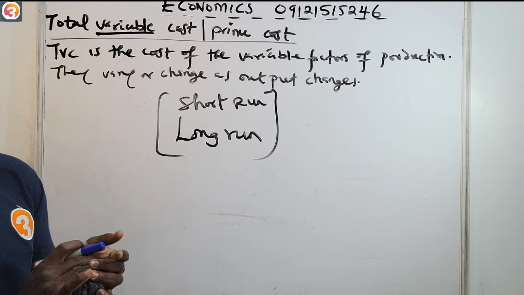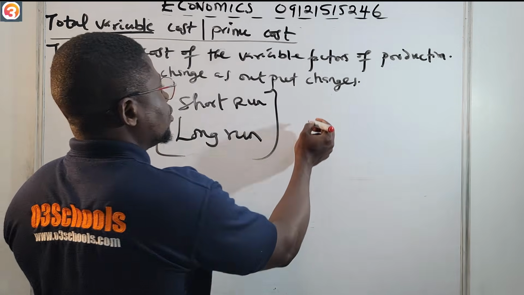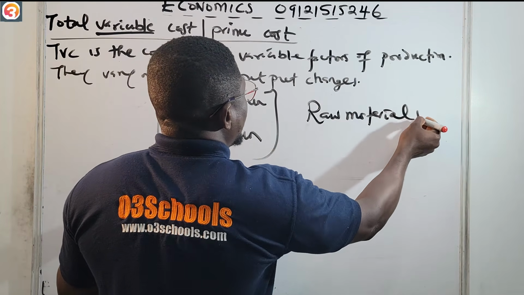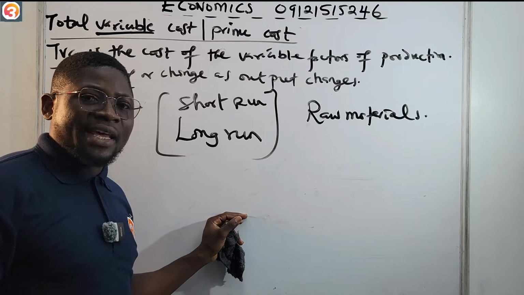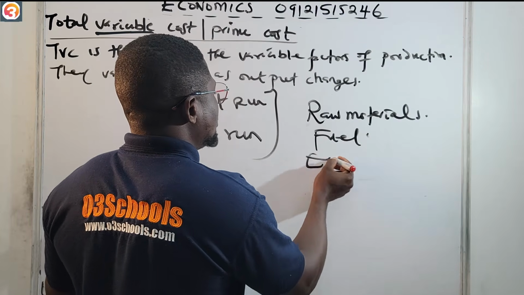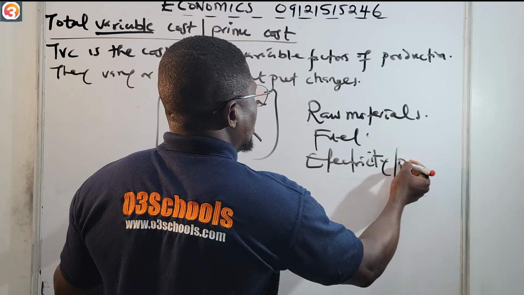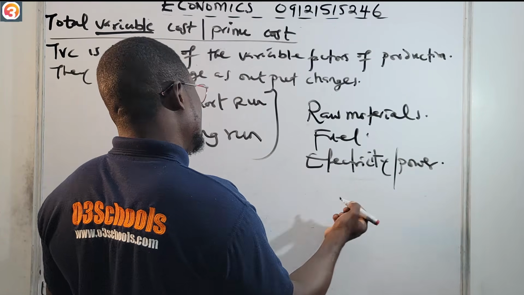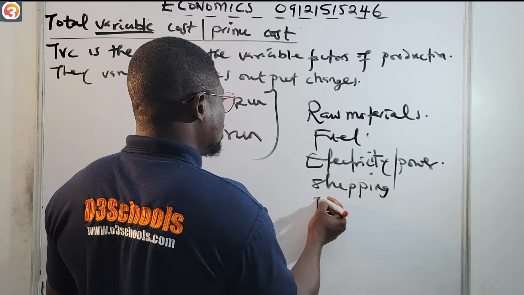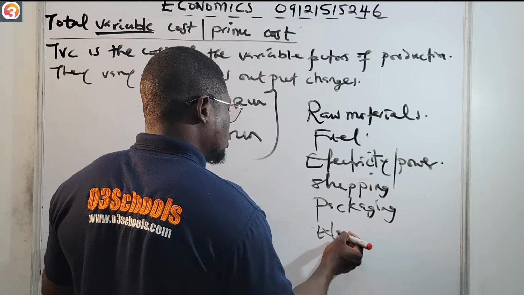Very, very important. Now, some variable factors of production will be what? Examples will be raw materials, fuel for your generators, electricity or power, shipping, packaging, even wages.